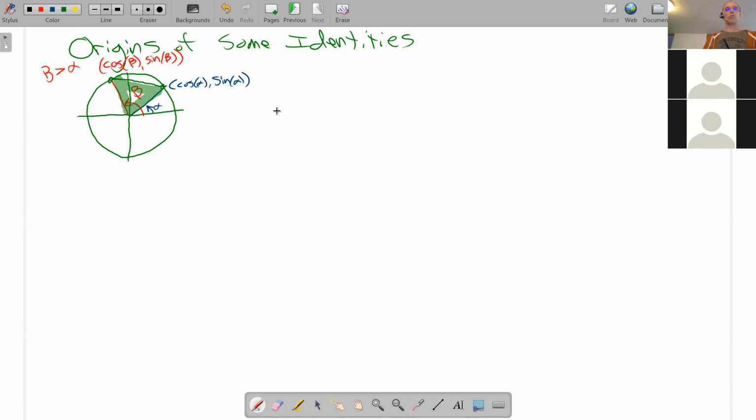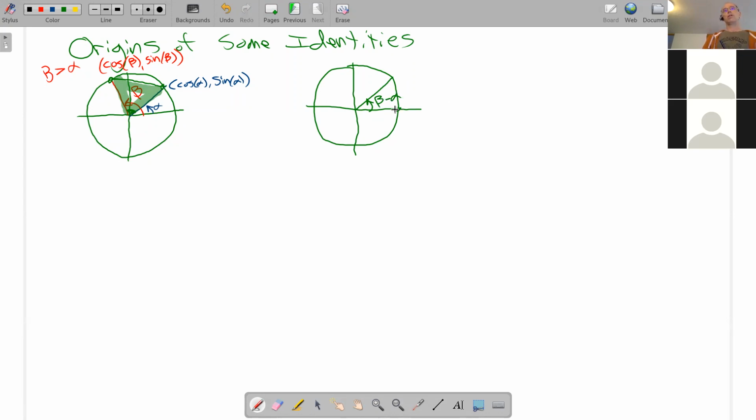So if I rotate that and redraw it a little bit, this angle right here, beta minus alpha, is going to be somewhere over here. So I just rotate that whole thing and put the angle in standard position. That's a little more clean, beta minus alpha.